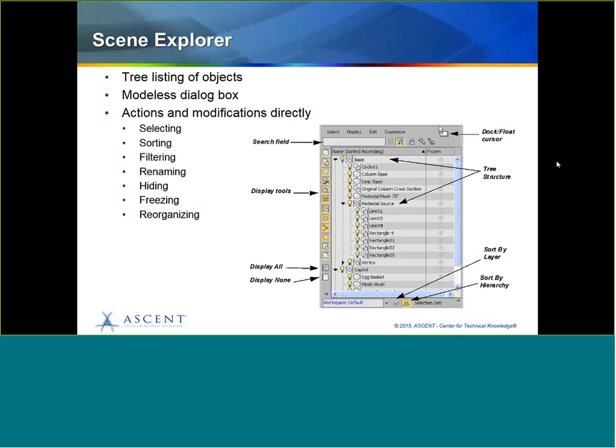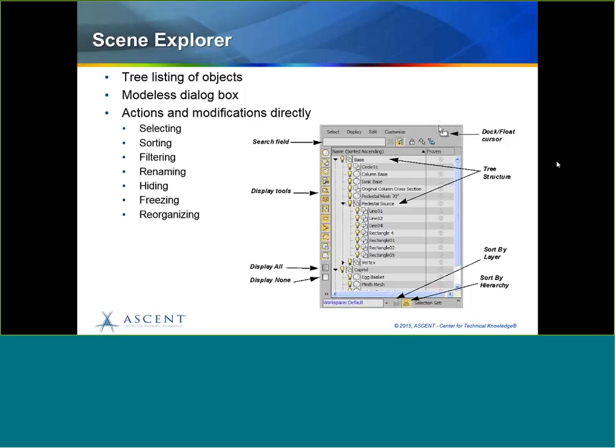If you remember, in the past few versions, we used to have that Select from Scene dialog box. And we used to use that for selecting objects or sorting them and things like that. This is actually the same thing, but it is in a modeless form. What modeless means is that you can leave it open and at the same time interactively work in the viewports.